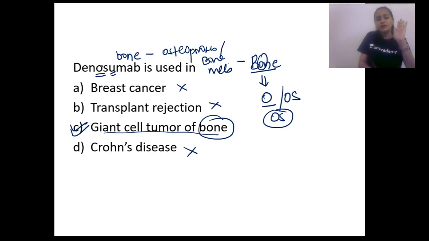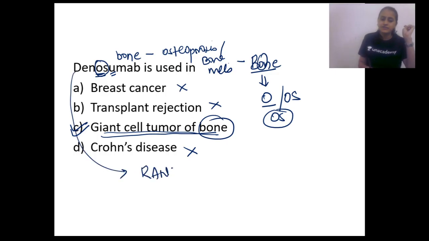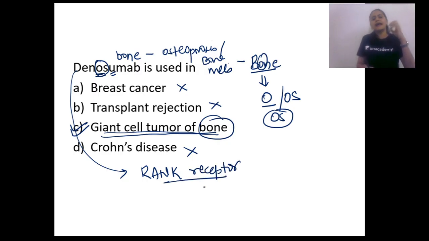You know that denosumab is for bone conditions, so automatically the answer becomes giant cell tumor of bone. Denosumab acts against the RANK receptor and it prevents osteoclast activation. That is how it prevents bone resorption and it is used in osteoporosis and bone metastasis.